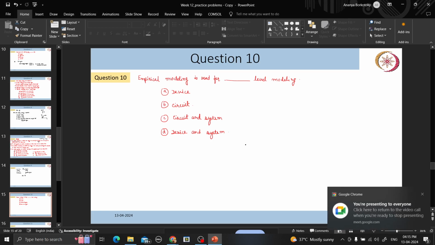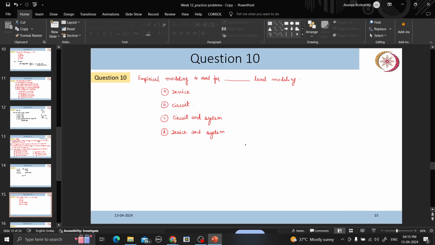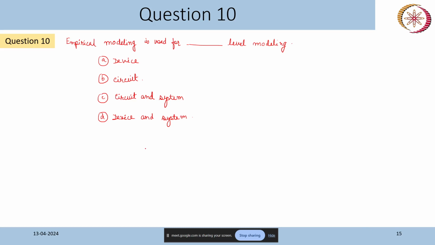So what is the answer for this question? Empirical modeling is used for dash level modeling, whether it is device level, circuit level, circuit and system level, or device and system level. So what do you think?